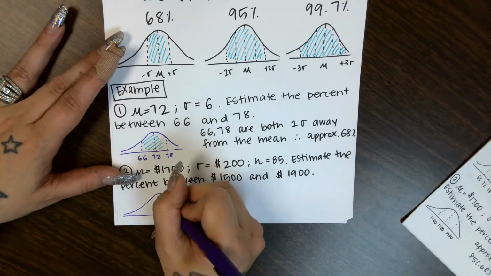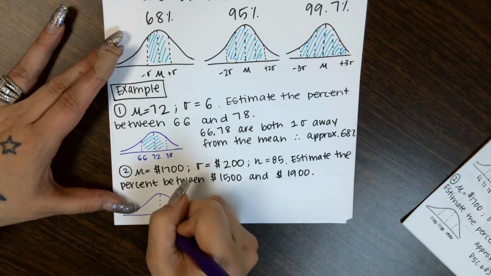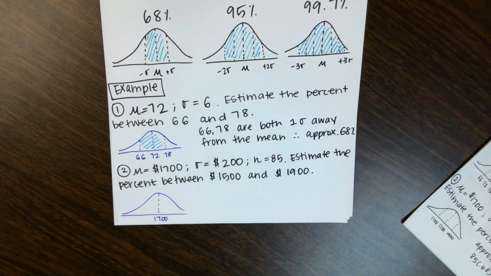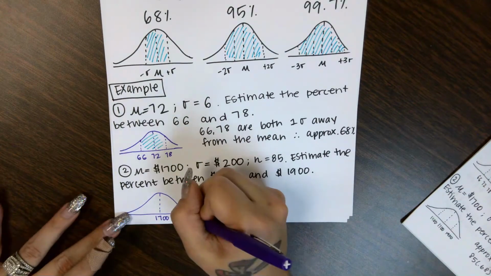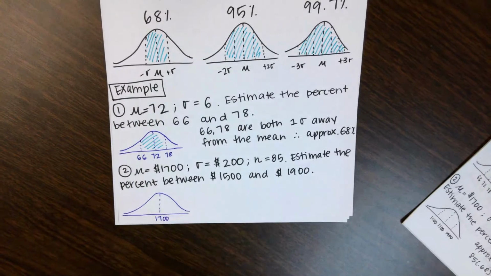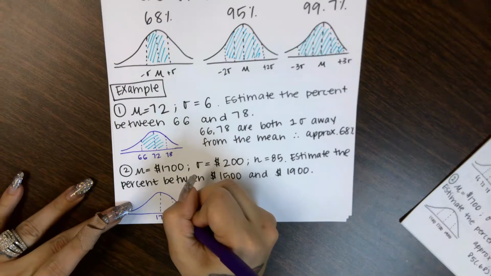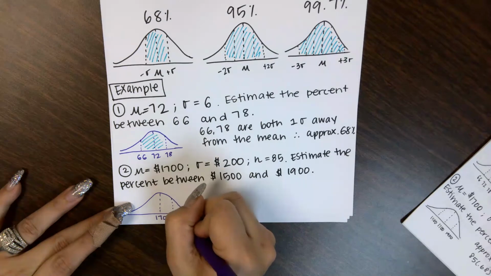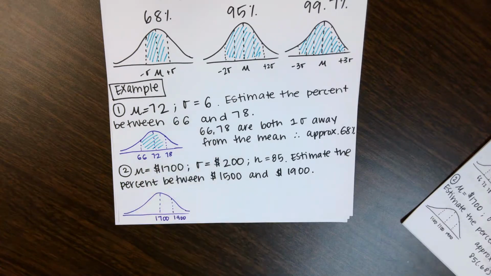I know that my mean was $1,700. My standard deviation is 200. So if I add one standard deviation to the right, what do I end up getting right here? 1,700 plus 200 is what? Yes, class, 1,900.